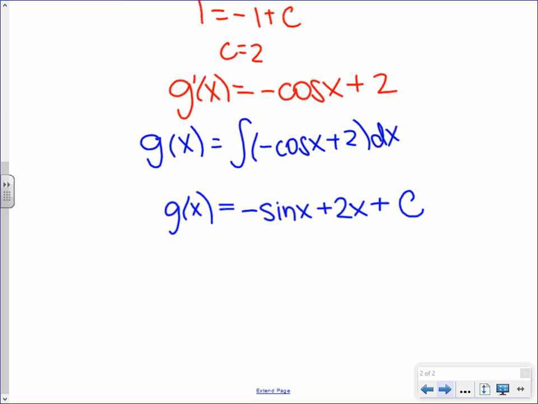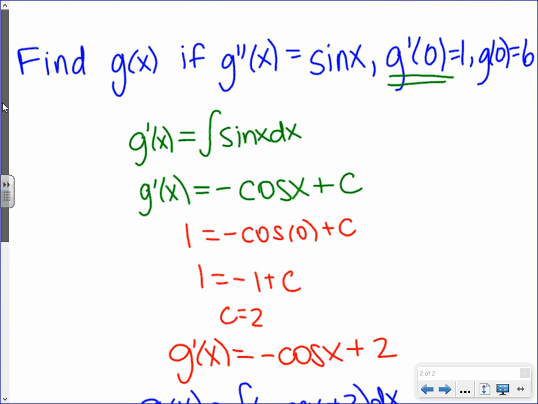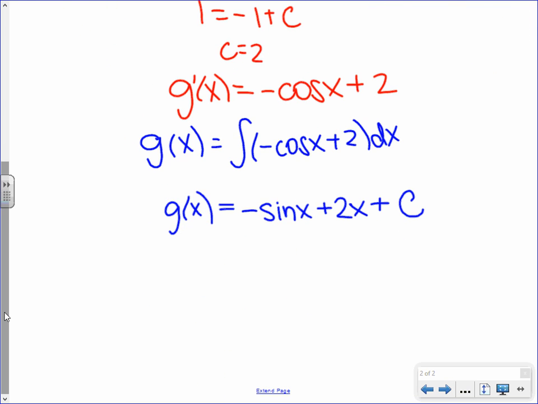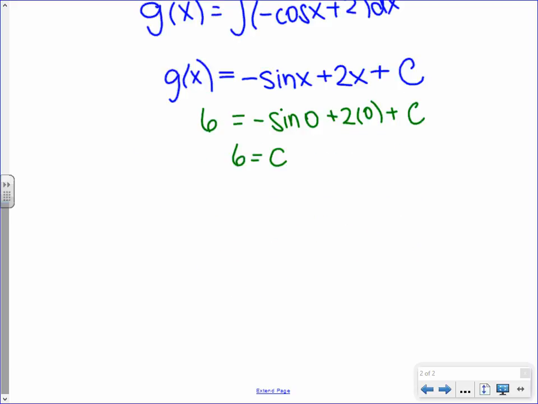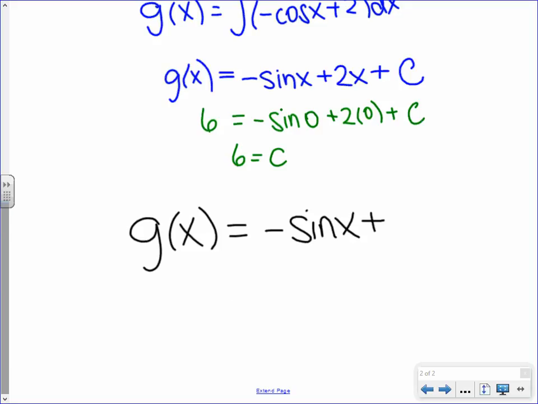So now we can use the information that g of 0 is 6, which means when we plug in 0, we should get 6 for our value. Which means c is 6. So g of x is negative sine x plus 2x plus 6.